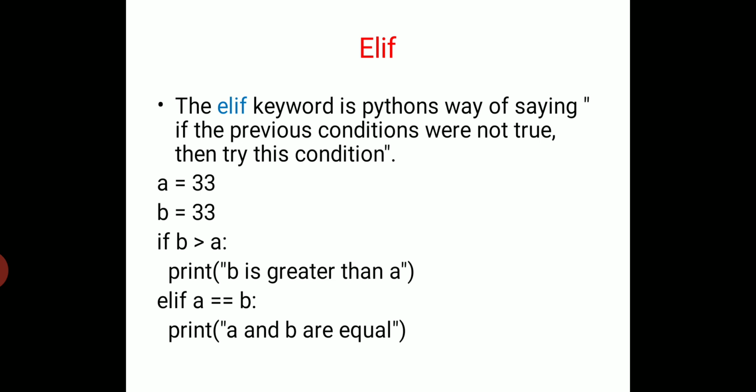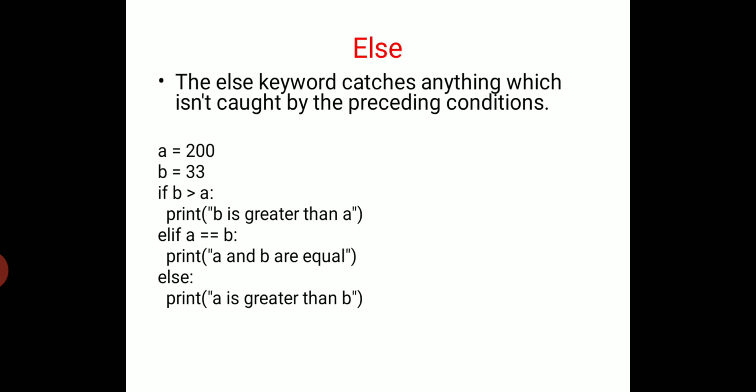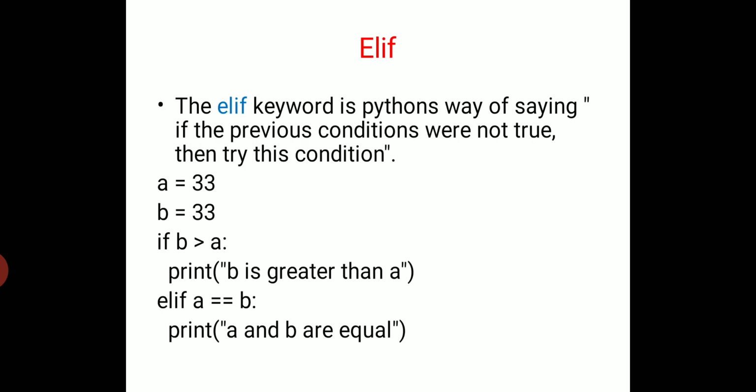So here a equals 33, b equals 33, and if b is greater than a, print b is greater than a, elif a is equal to b. So what is the answer? The answer is a is equal to b.